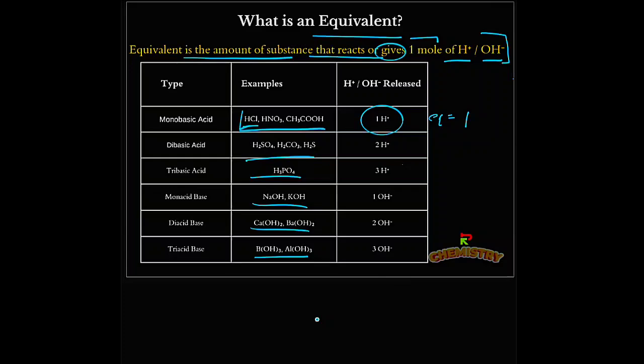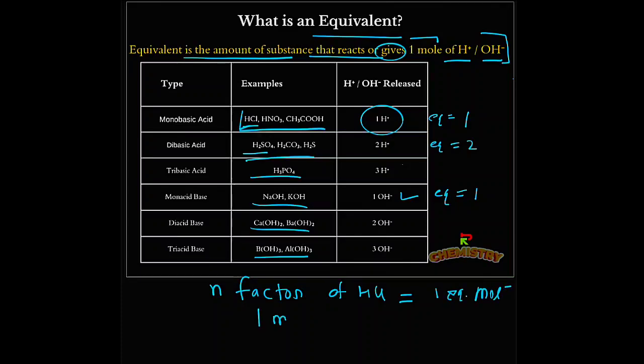If an acid gives 2 H plus, like sulfuric acid, its equivalent will be 2. Similarly, if a base like sodium hydroxide gives 1 OH minus, its equivalent will be 1. We can write the N factor of HCl as 1 equivalent per mole, which means 1 mole of HCl gives only 1 H plus.